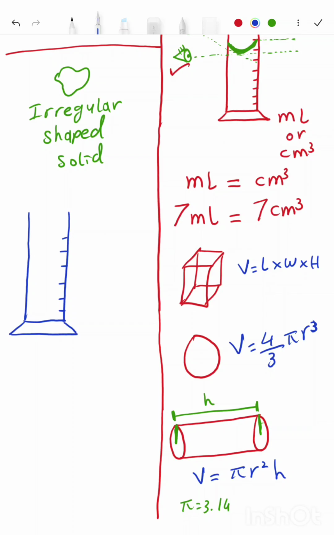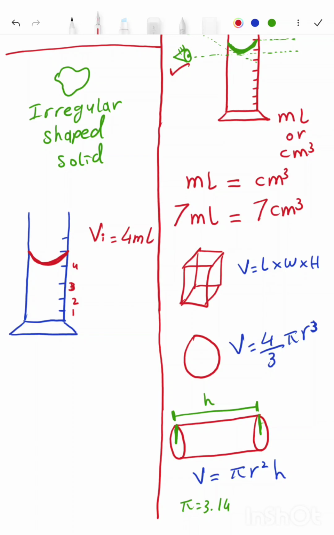We are going to fill this measuring cylinder with some liquid till a certain level. For example, I'm filling the liquid till this level, maybe 1, 2, 3, 4, 4 milliliter. So the initial volume of the liquid inside this cylinder was 4 milliliter.